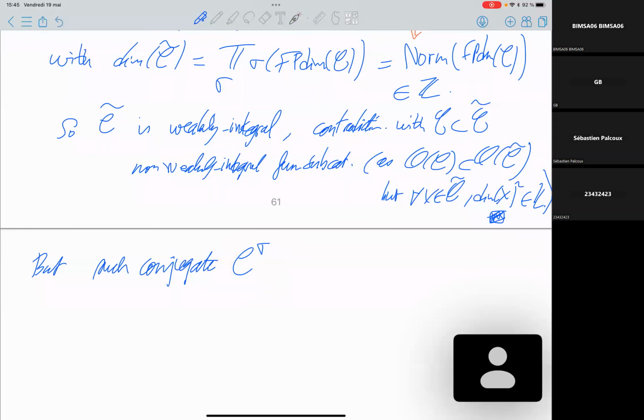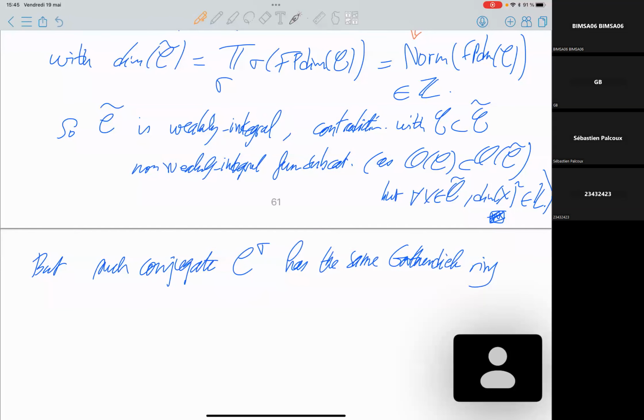Such a conjugate has the same Grothendieck ring, because the fusion data is given by integers, and integers are invariant by Galois conjugation.